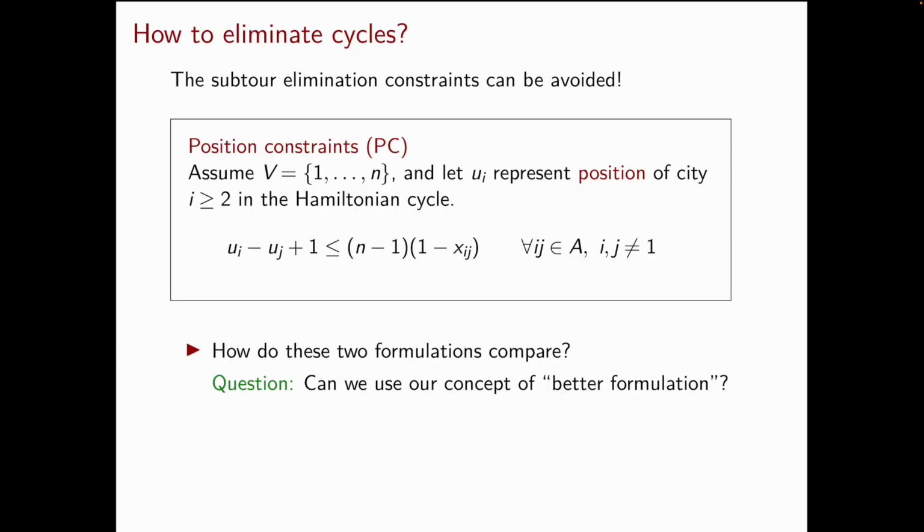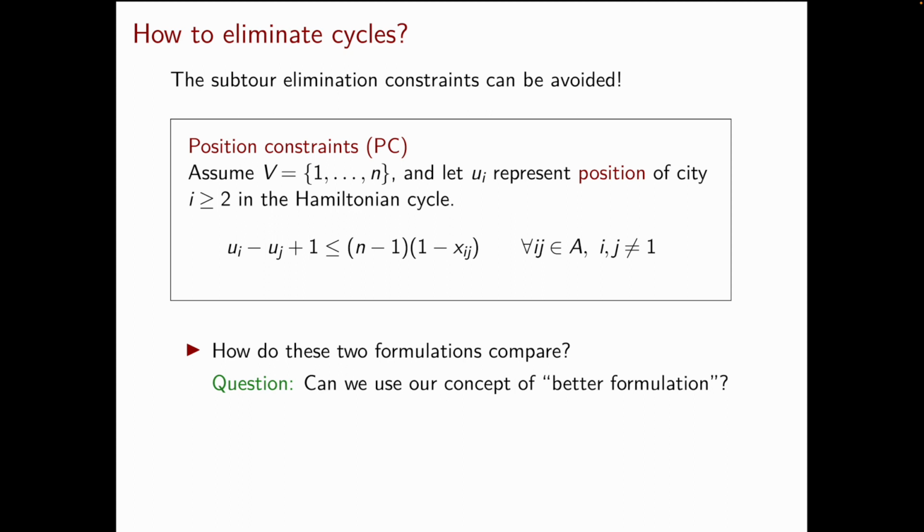At this point, we have obtained 2 different formulations of the traveling salesman problem. Both use our initial constraints, and then one uses the Subtour elimination constraints, while the second one uses the position constraints. So we can now ask how these 2 formulations compare. Our first idea is to use our concept of better formulation.